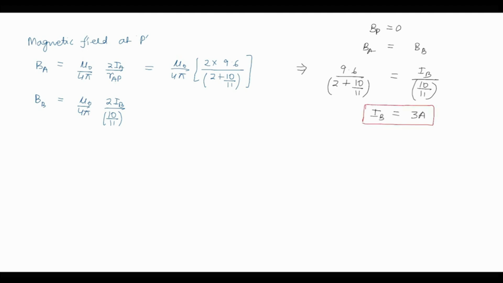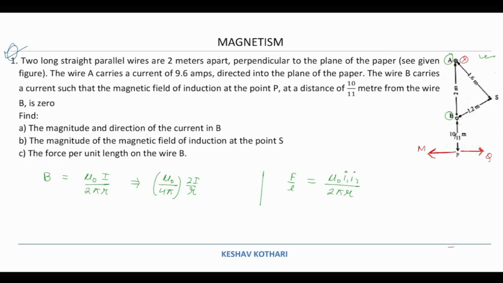Now let us move back to this diagram. In this diagram, the next question that is asked is the magnitude of the magnetic field of induction at the point S. If we consider the dimensions, I can say that the dimensions are of a right angle triangle. We can clearly find out that angle ASB is equal to 90 degrees.